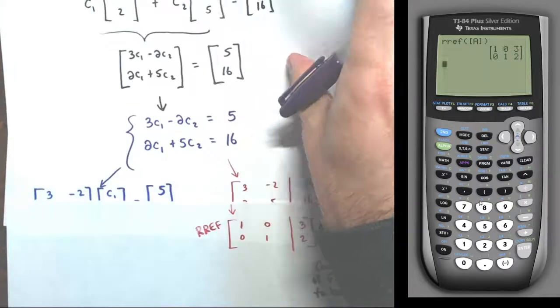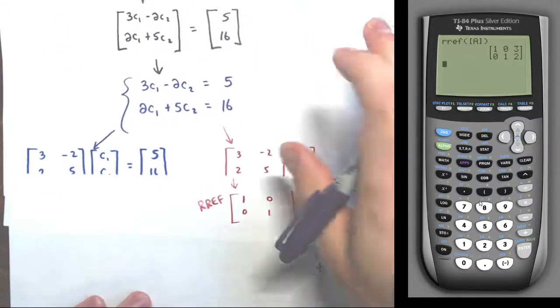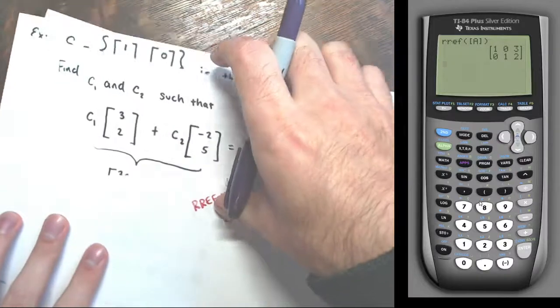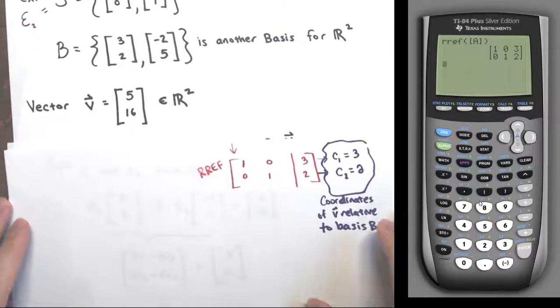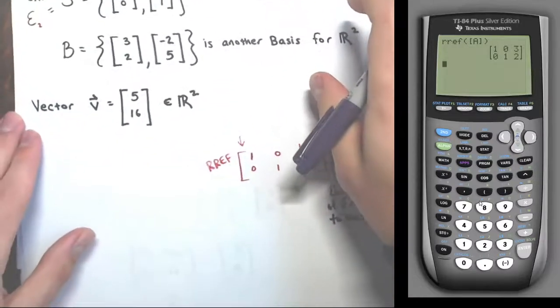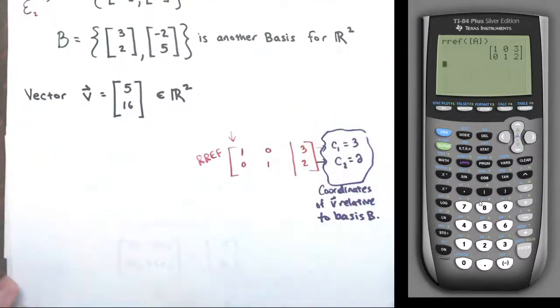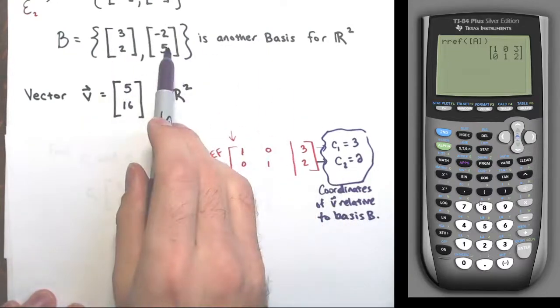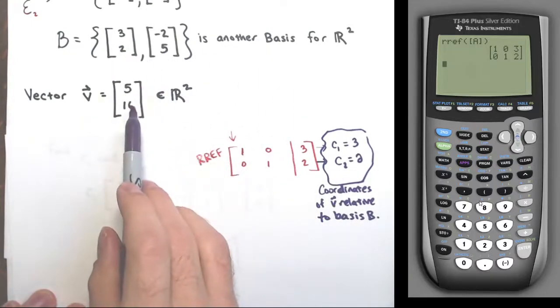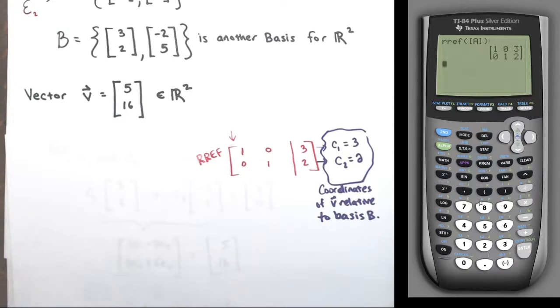All right, so that means that, if I go back to basis B again, sorry about the cluttered paper here. So if I go back to basis B, there it is there. That means that 3 of the first vector plus 2 of the second vector will give me this vector from R2. Right? And we can double check this.